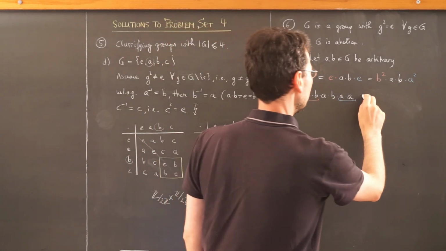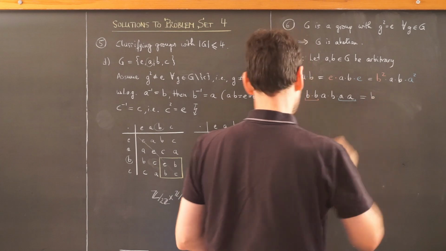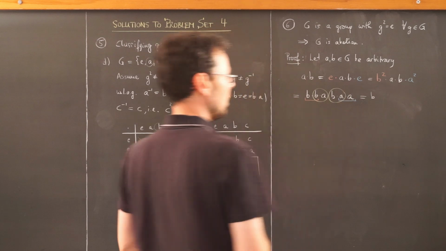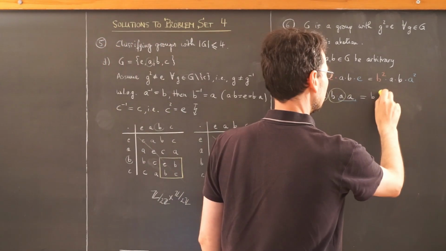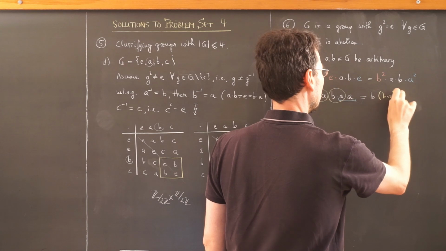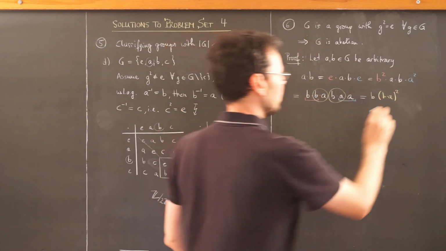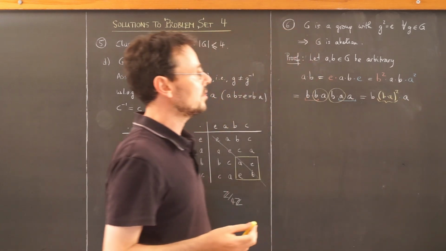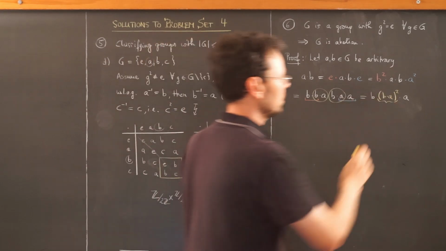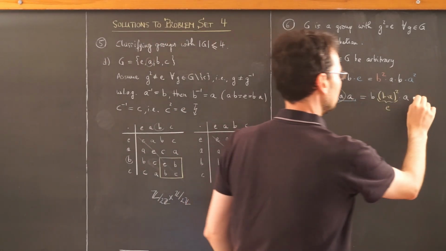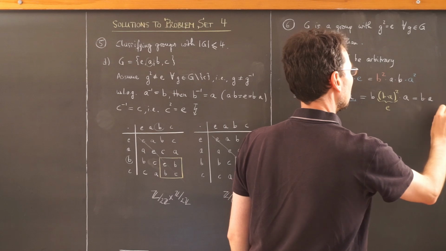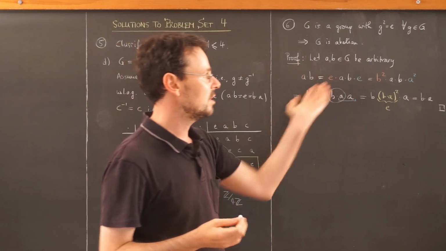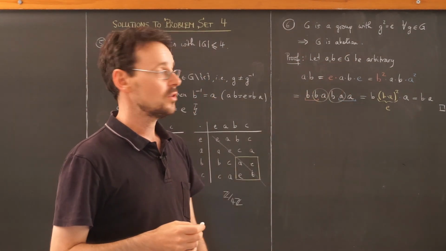Still doesn't look too good, but here we have b times a and here we have b times a again. So in the middle we end up with (ba) squared. And now luckily BA is also an element of this group, so if I square it I end up with the identity, which gives me BA. And this shows, since A and B were arbitrary, that this group actually is abelian.